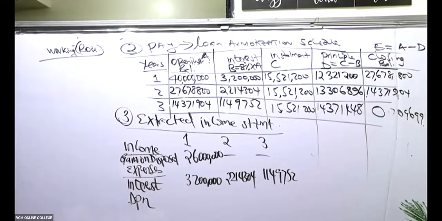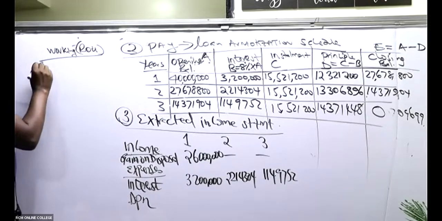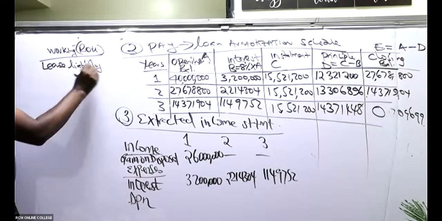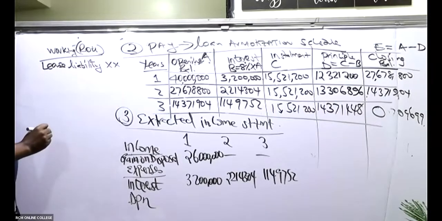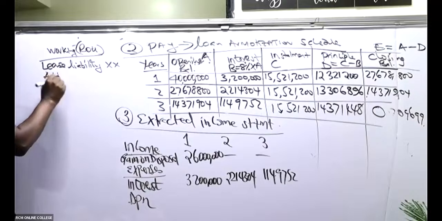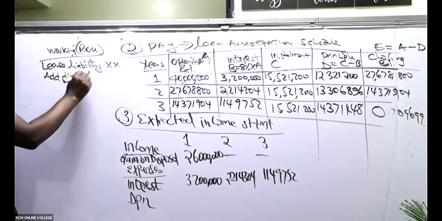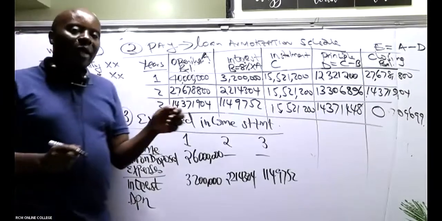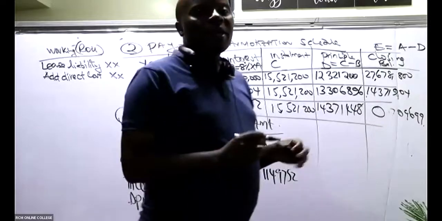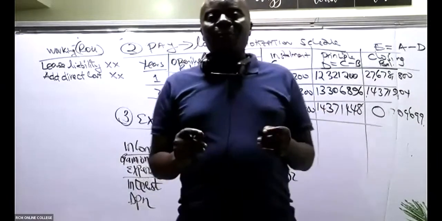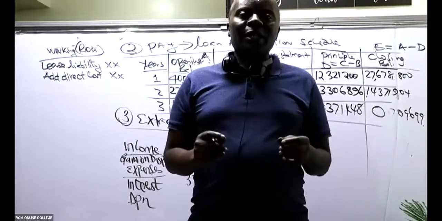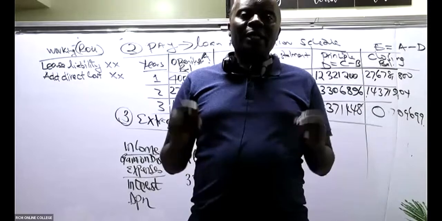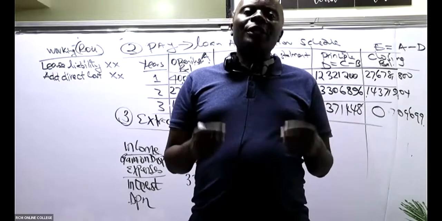So how do we get right of use? To get right of use, we normally take the lease liability and add any direct costs you incurred. For example, like ourselves, once we leased this space from the landlord at Stanbank, there are those direct costs.